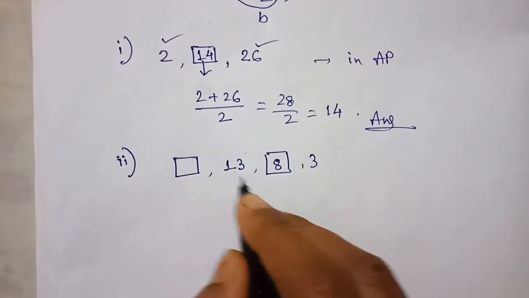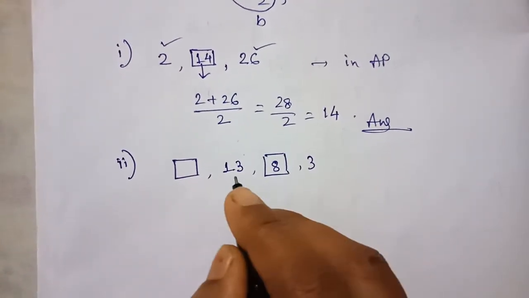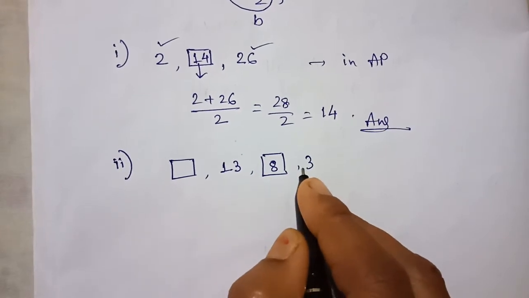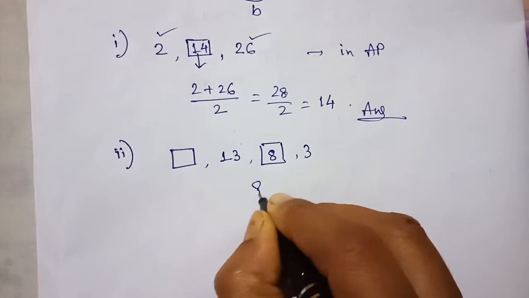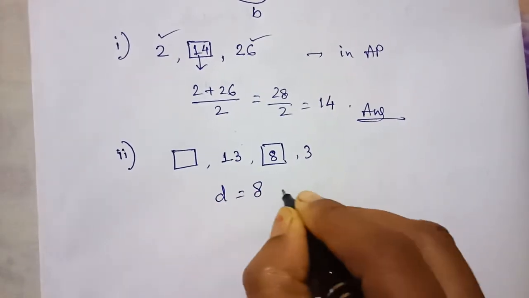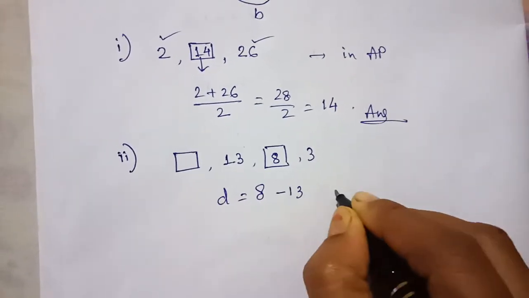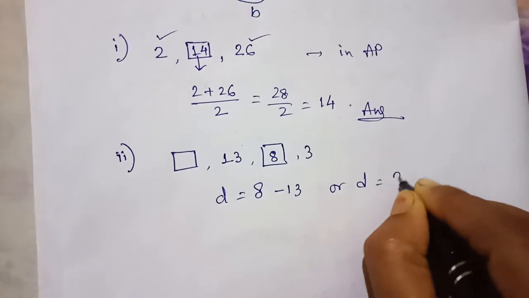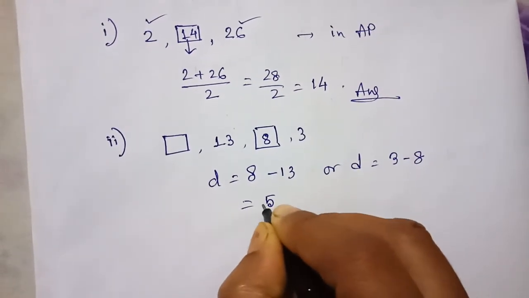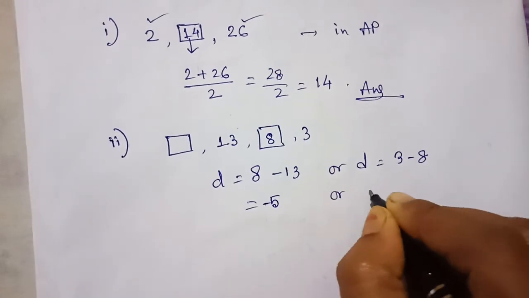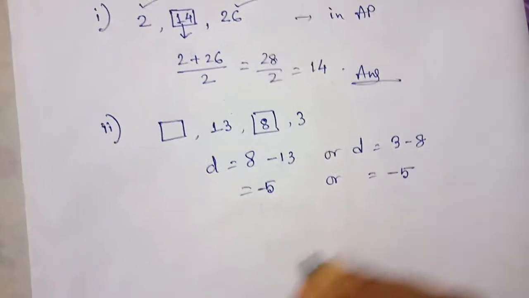Now look, from this we can find 3 consecutive terms of an AP. That means you can find d equals 8 minus 13, or d equals 3 minus 8. In both cases we will get minus 5.